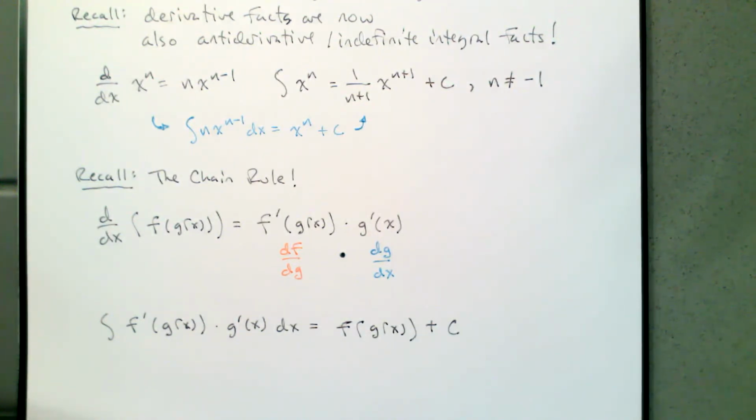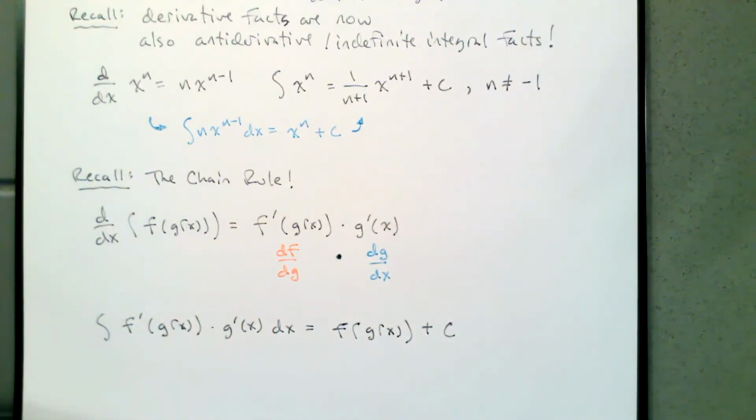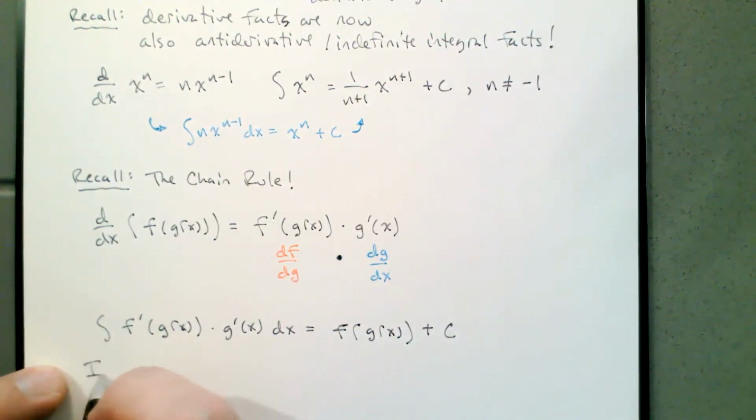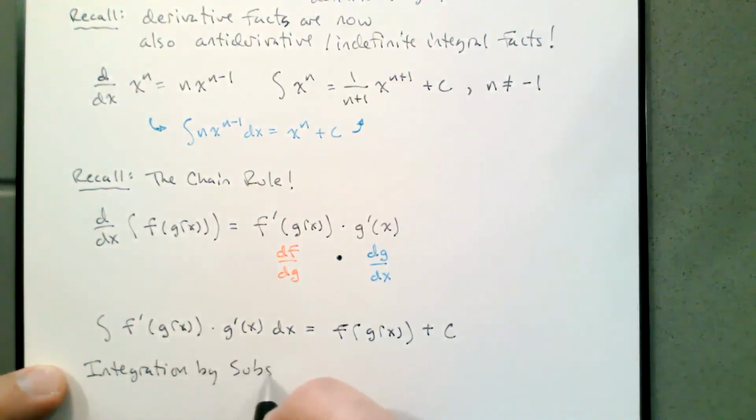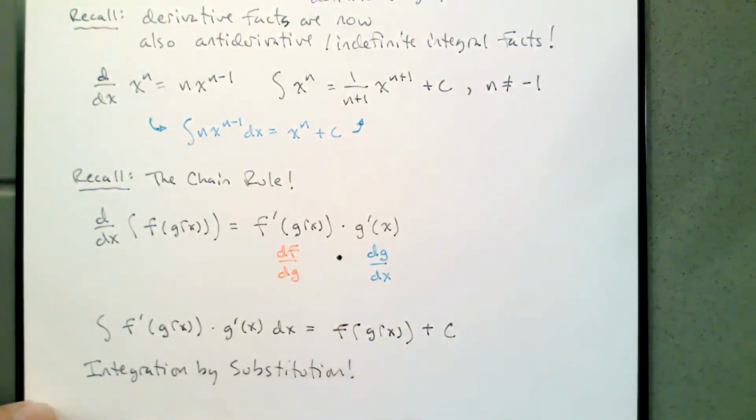When we turn around the chain rule like this, we call this process integration by substitution. Integration by substitution is the anti-chain rule.